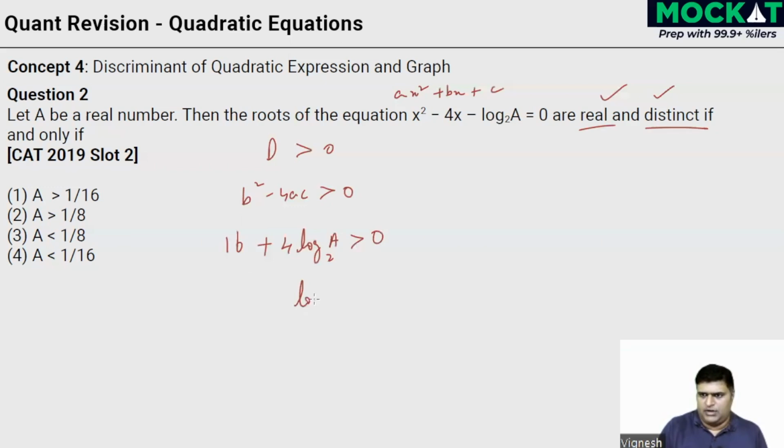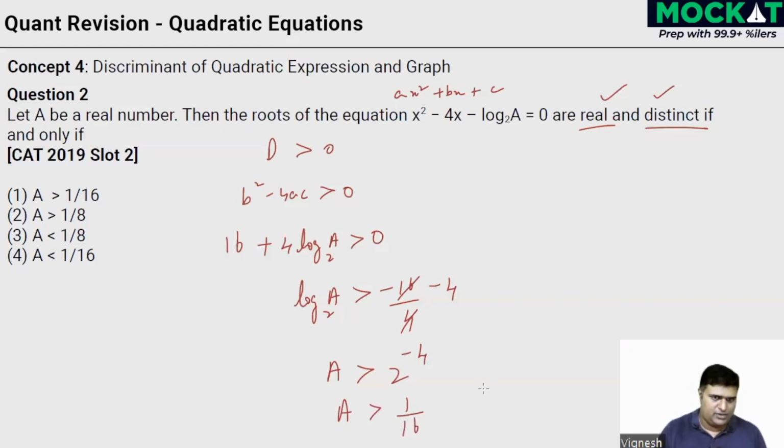You can write it as log a to the base 2 is greater than minus 16 by 4, which is nothing but minus 4. So a over here has to be greater than 2 power minus 4. a over here has to be greater than 1 by 16. So therefore, the correct answer is option 1.